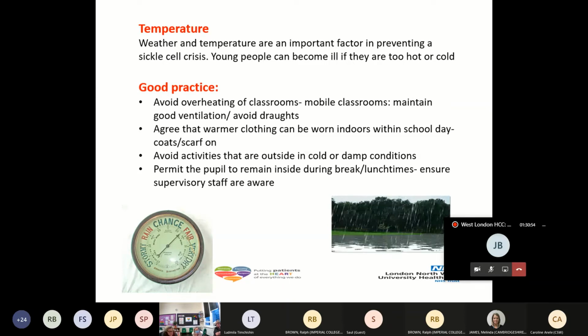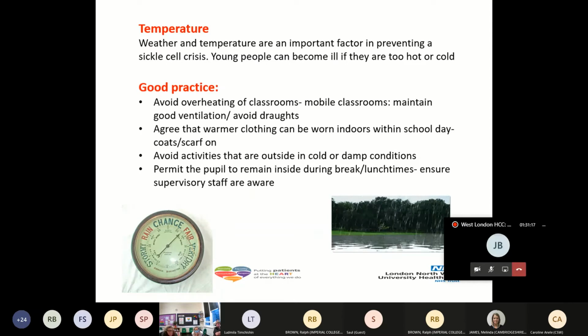Just making sure that they're well ventilated, making sure that the child with sickle cell is not sitting by an open window or by an open door. Ideally, they should be placed in the middle of the room, so they're not surrounded by any potential drafts, because sitting in that draft for an hour or a day, depending on the age of the child, could be enough to cause a crisis.